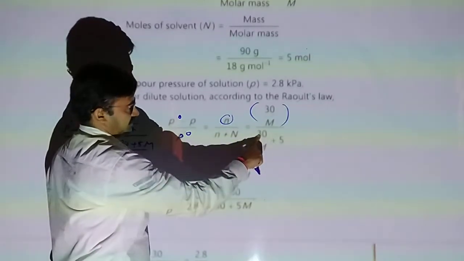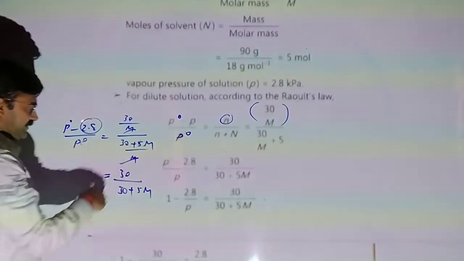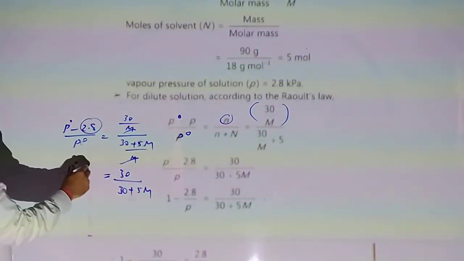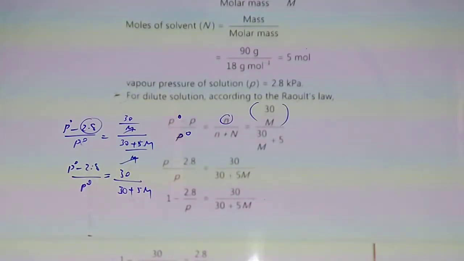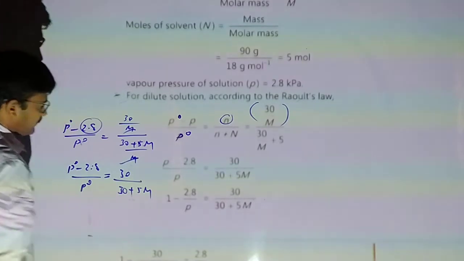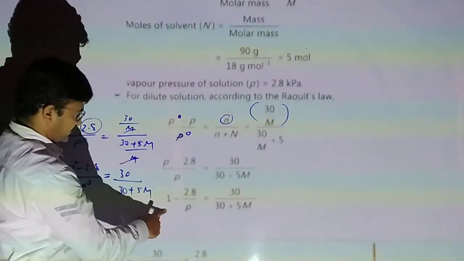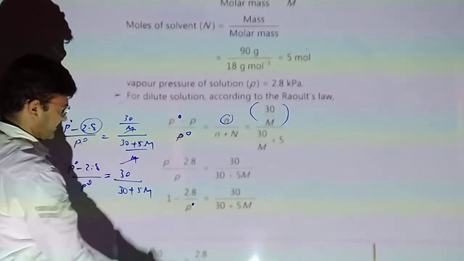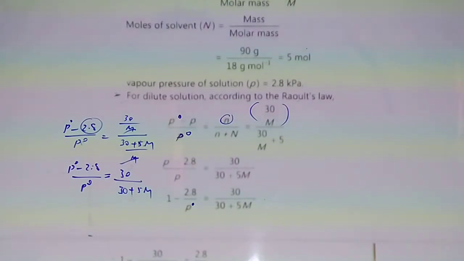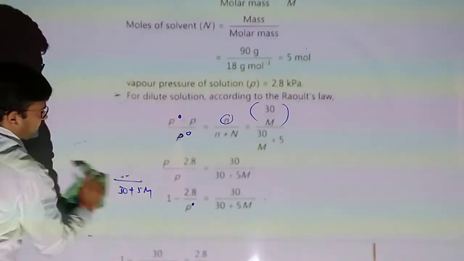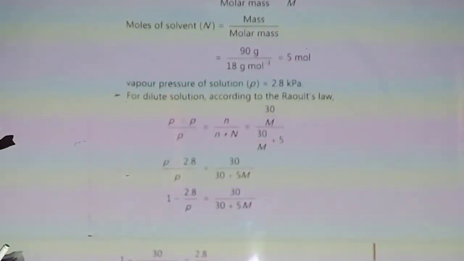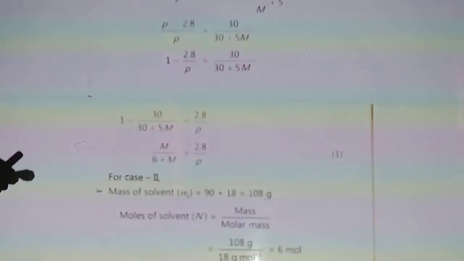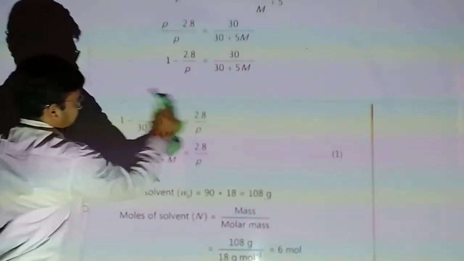So P degree minus 2.8 upon P degree, P degree divided by P degree, so 1 minus 2.8 upon P degree equals 30 upon 30 plus 5M. So 1 minus 30 upon 30 plus 5M is equal to 2.8 upon P degree.